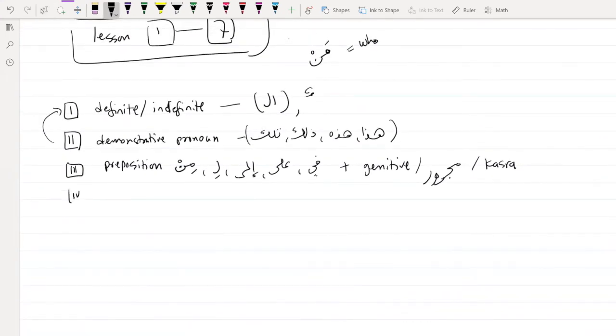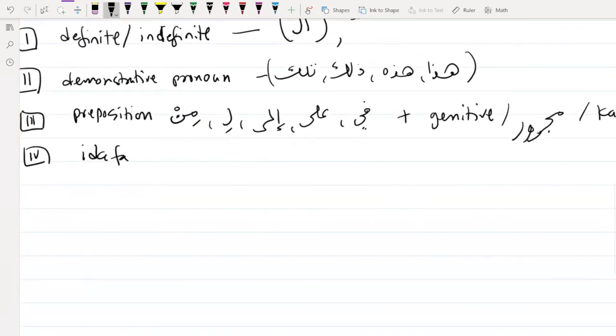Then we covered what? Idafa, which is the big one, idafa. Okay, so idafa rules. So mudaf, right? And then we have mudaf ilayh.